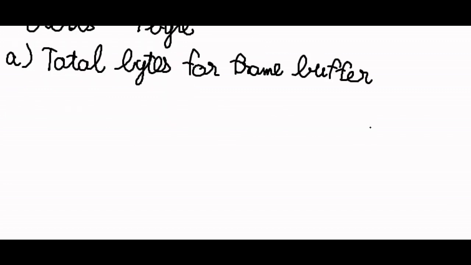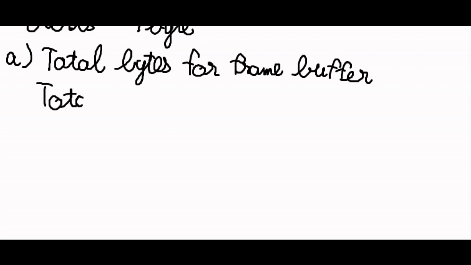And so now to calculate the total bytes, we need to know the total pixels of the screen and how many bits there are for each pixel on the screen. So let's do that.